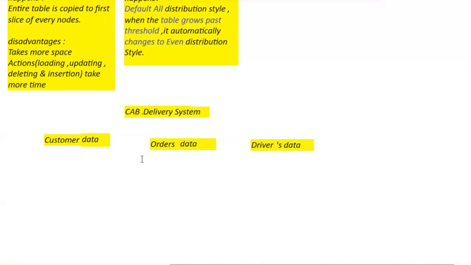So for this orders data in Redshift, which type of distribution do you need to prefer? Key distribution style. Key.